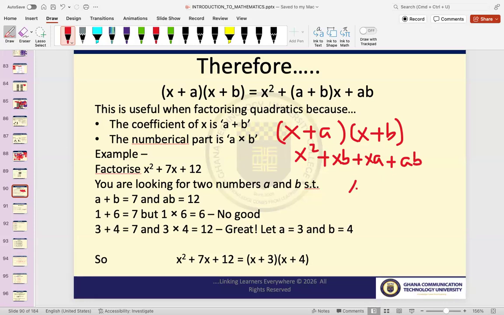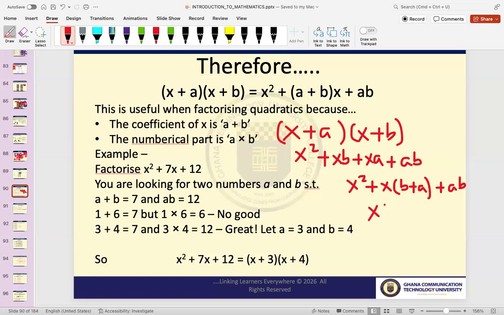Now, when we want to make this neat from what we just learned, we have x here, we have x here. So x will come out, and then the inside will be left with b plus a, plus ab.